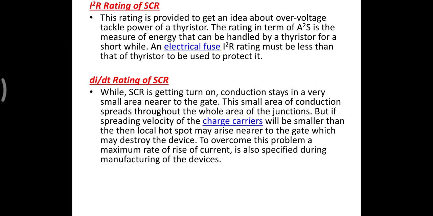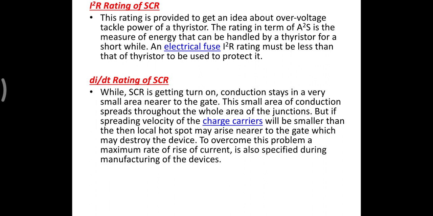To overcome this problem, a maximum rate of rise of current is also specified during manufacturing of the device. So here we are considering the di by dt rating, meaning rate of rise of current.